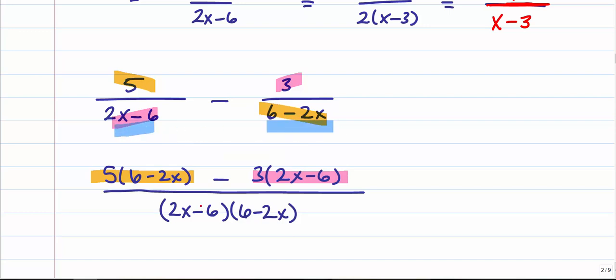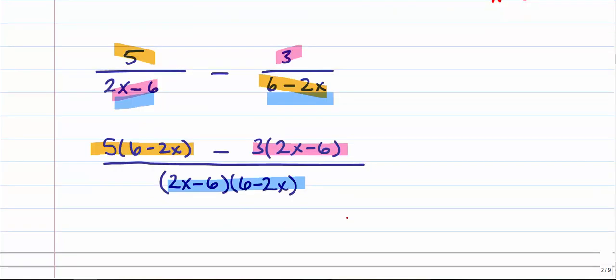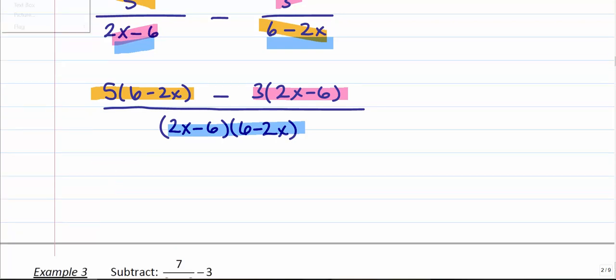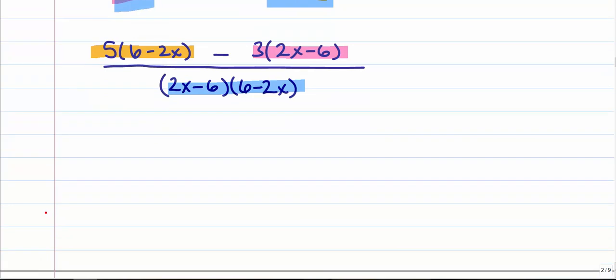So I took these two and multiplied them together. So I don't know if I should have even bothered to try this with the cross and smile, but it is an option. It's just sometimes it makes things worse. So in the numerator, I would have, if I distributed, 30 minus 10x minus 6x plus 18.